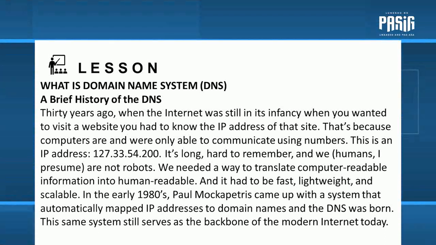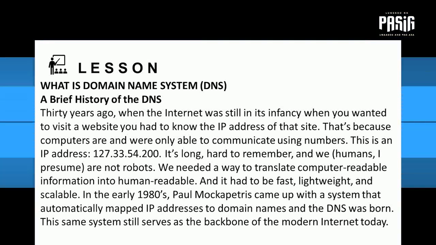This is an IP address, 127.33.54.200. It's too long, hard to remember, and we humans are not robots. We needed a way to translate computer-readable information into human-readable.